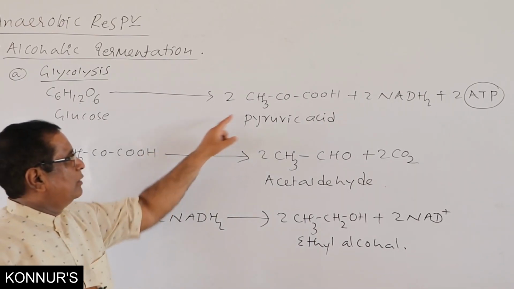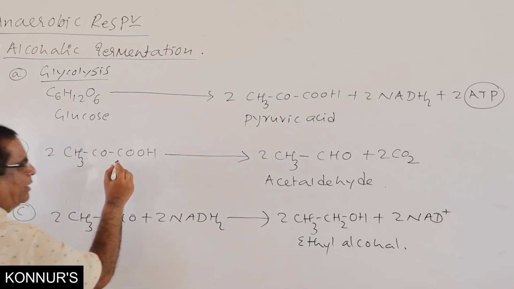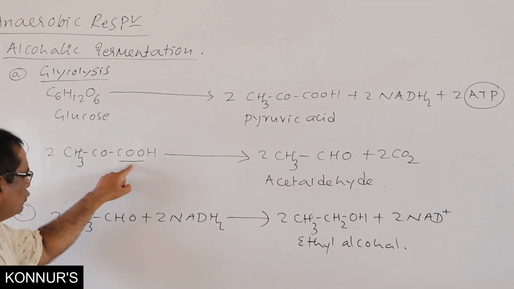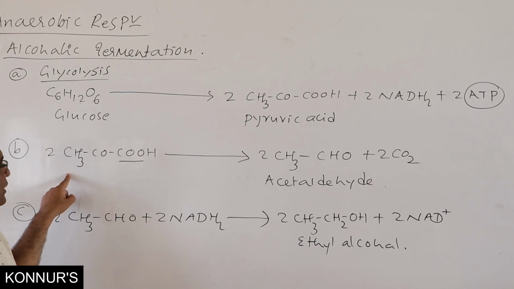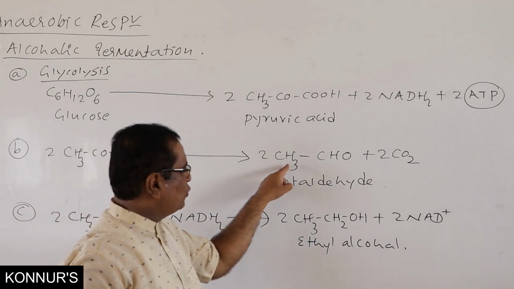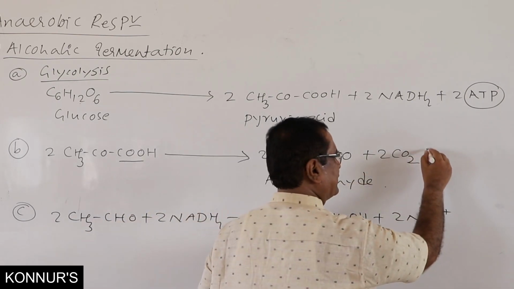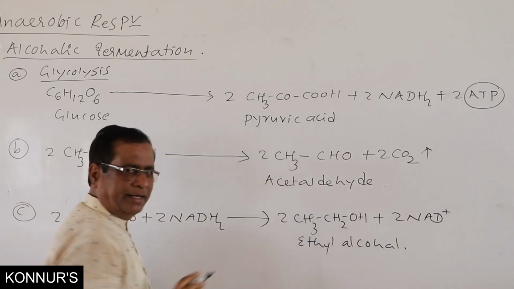And these 2 molecules of pyruvic acid undergo decarboxylation. CO2 goes off from both pyruvic acid molecules, so that this H comes over here, giving 2 CH3CHO and 2 CO2 eliminated. These 2 molecules are acetaldehyde.